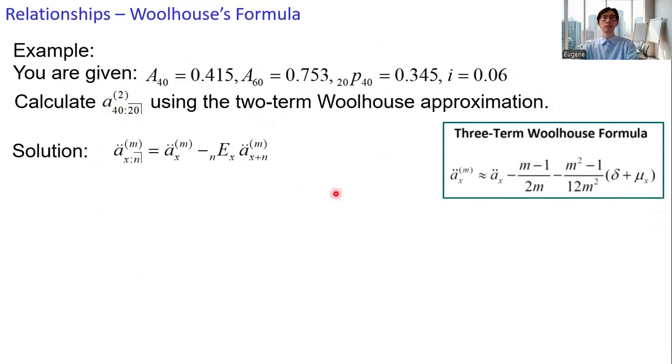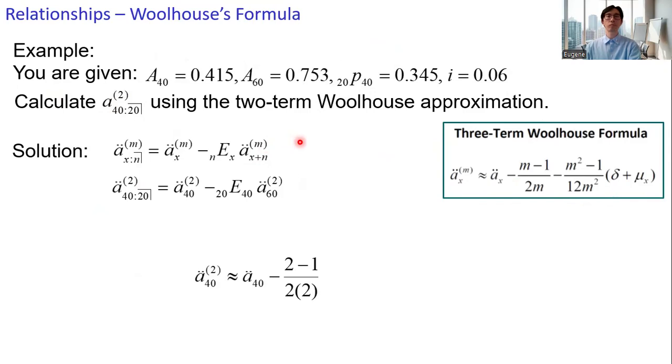All right, get the relationship, and then apply the two-term Woolhouse formula for A double dot x and A double dot x plus n. A double dot 40 with bracket 2. The two-term Woolhouse formula, A double dot 40, and then minus the second term with m equals 2.